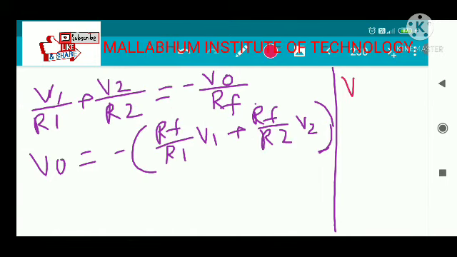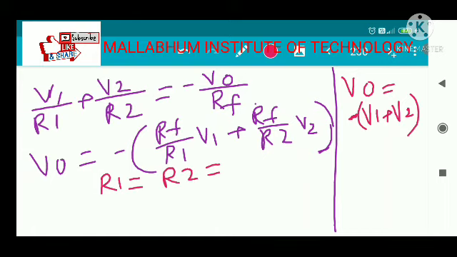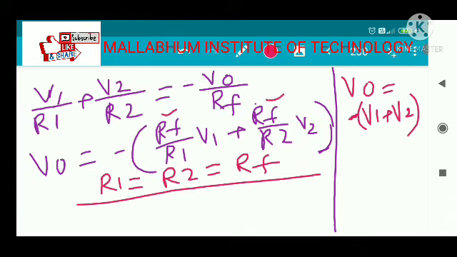At the summing amplifier one must be familiar with seeing the output like this. Summing means sum, so V0 might be equal to the summation of V1 plus V2, but since it is connected to the inverting input, there must be a negative sign before it. If we make R1 equal to R2 equal to RF, then this will be cancelled out.